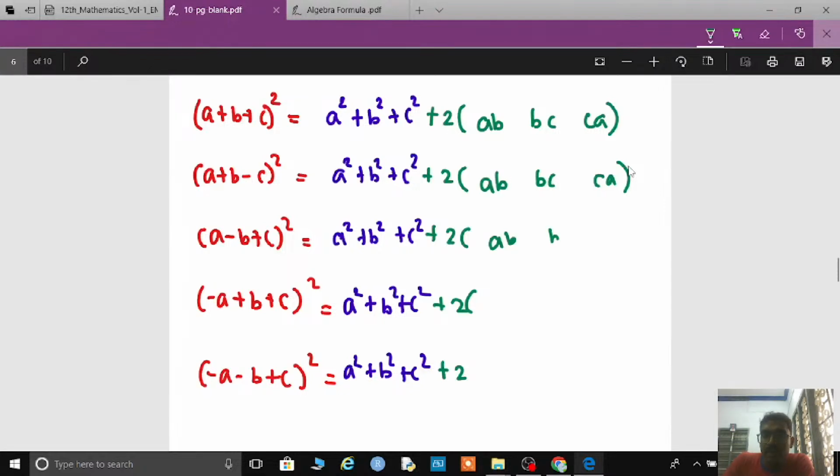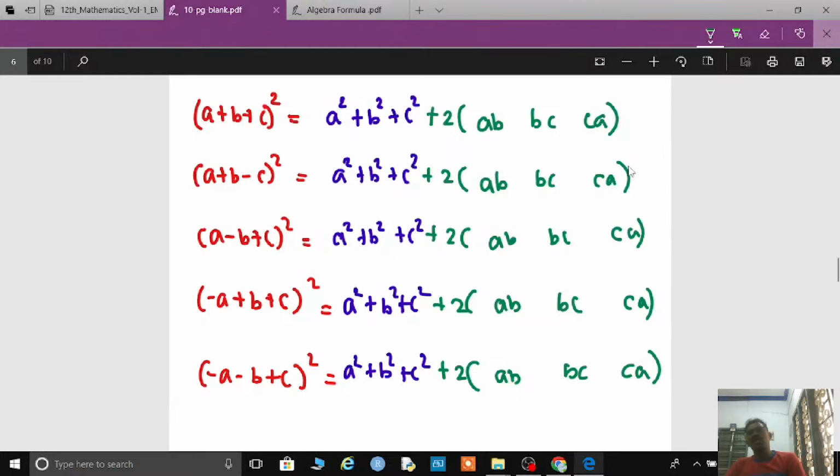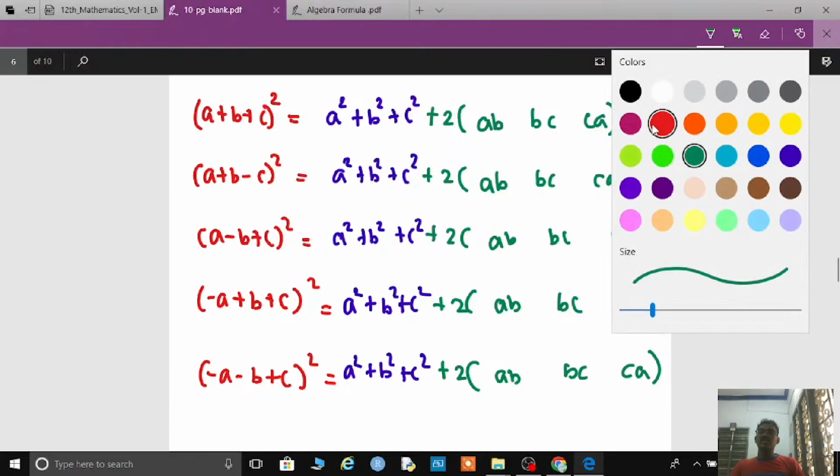So ab, bc, ca. Now just replace the signs.